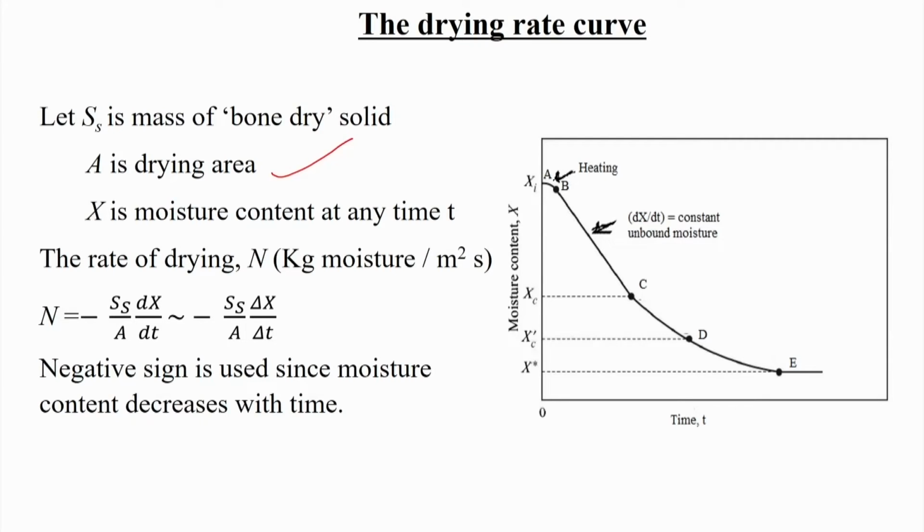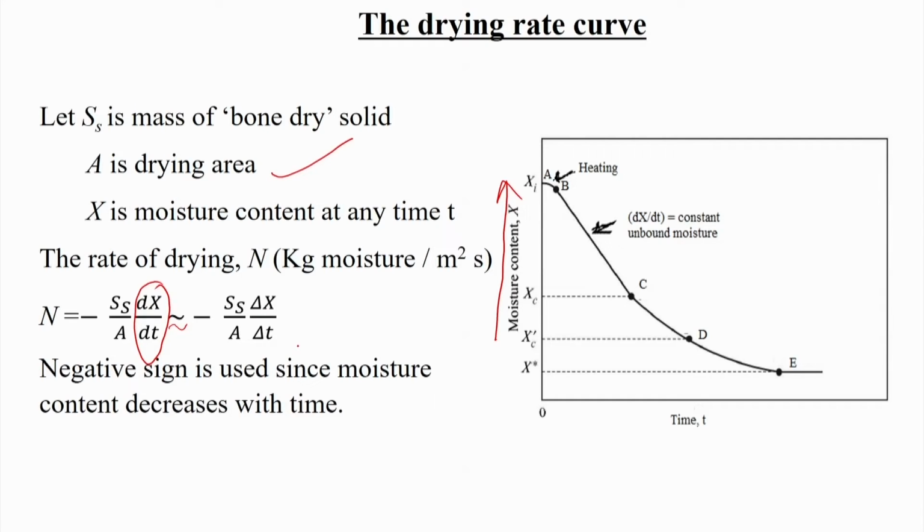So the rate of drying N is proportional to the amount of bone dry solid, inversely proportional to the area, and proportional to the change of moisture content with time, dx/dt. So N is equal to minus S_s by A into dx/dt, or approximately minus S_s by A into delta x by delta t.